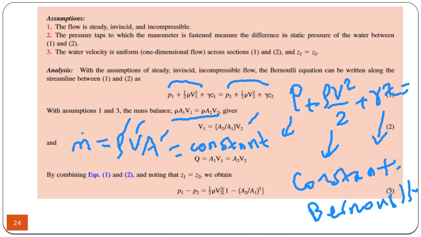conservation of mass. And now this can be written as m dot is equal to rho times VA.